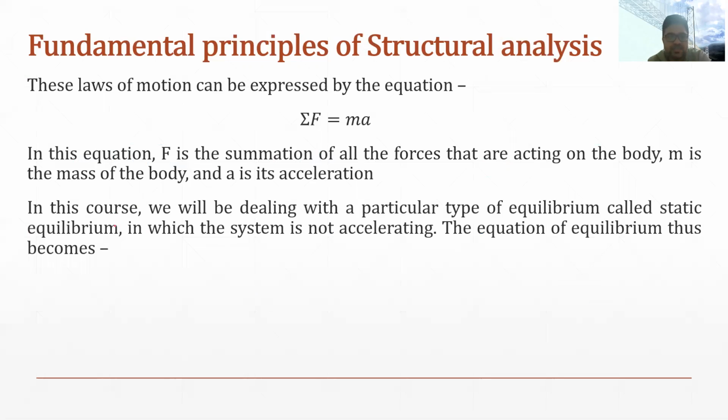As I said, in this course we will be dealing with a very particular type of equilibrium, which is called static equilibrium. Static means stationary, in which the system is not accelerating. Here the system is a building, so the building is not accelerating. All the forces acting on our building are not actually accelerating it.